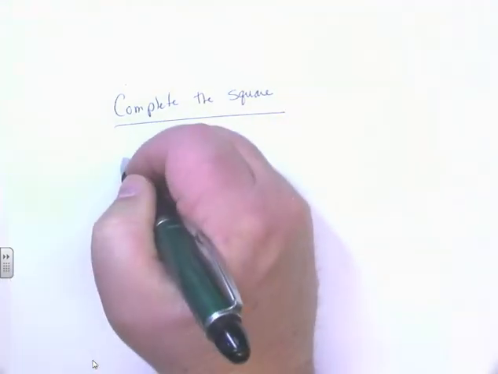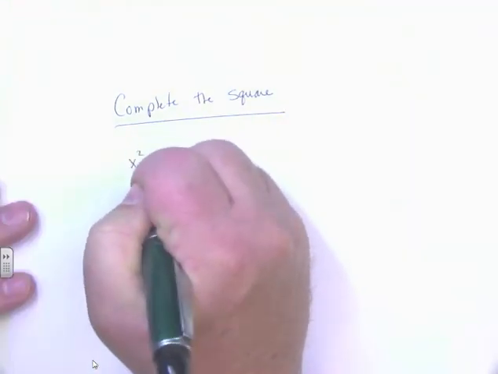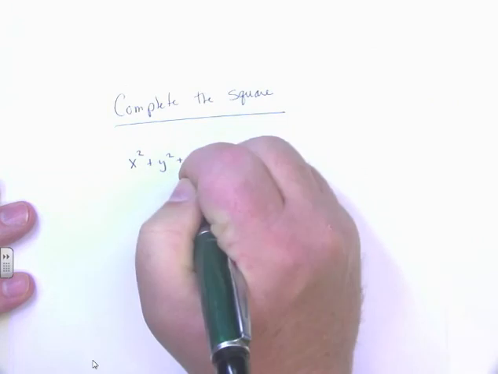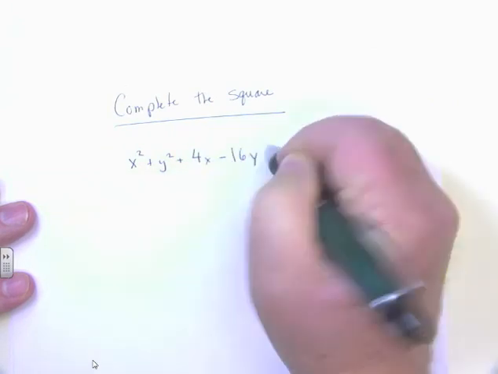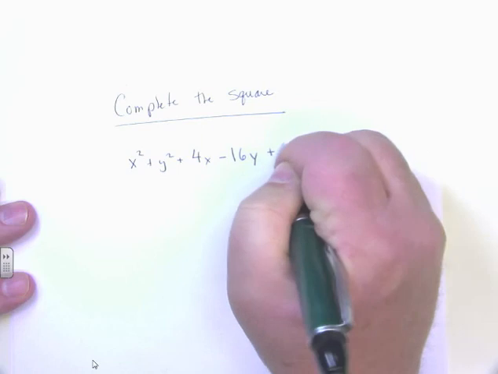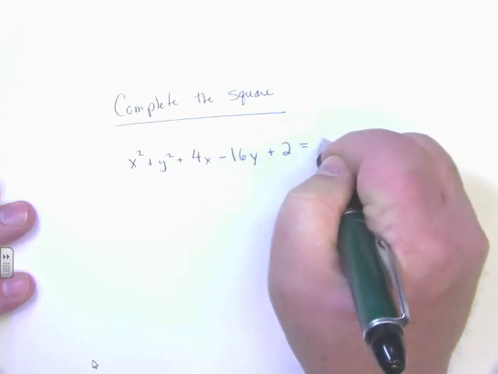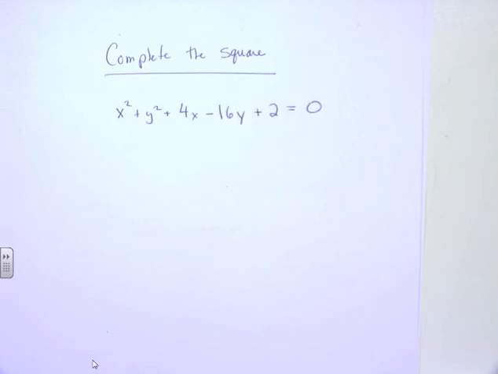I'm going to give you a general equation here. X squared plus y squared plus 4x minus 16y plus 2 equals 0. This is an equation of a circle. It is in general form. I want you guys to tell me what the center and radius is.